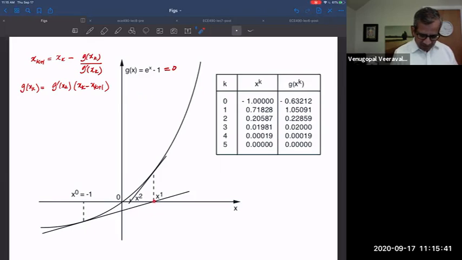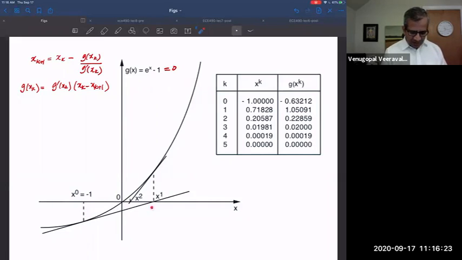If this is not totally clear to you, just think about it this way. This equation implies that g of xk is g prime of xk times xk minus xk plus 1. So you can think of it as going the other way around: to get to g of x0, I can start at x1, where the y-coordinate is 0, and then follow the derivative down to this point here to get x0.